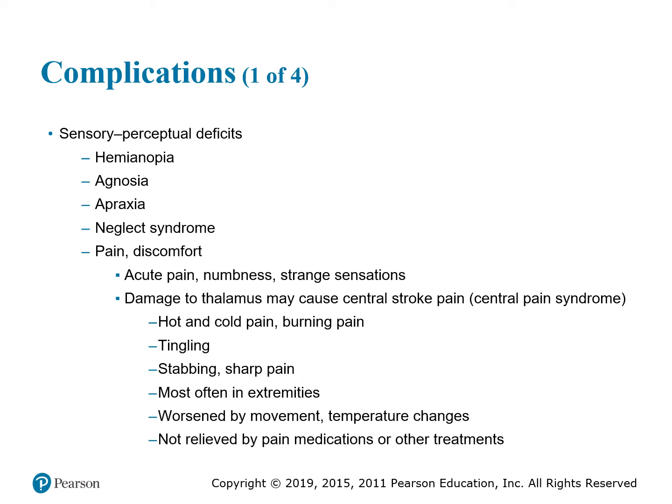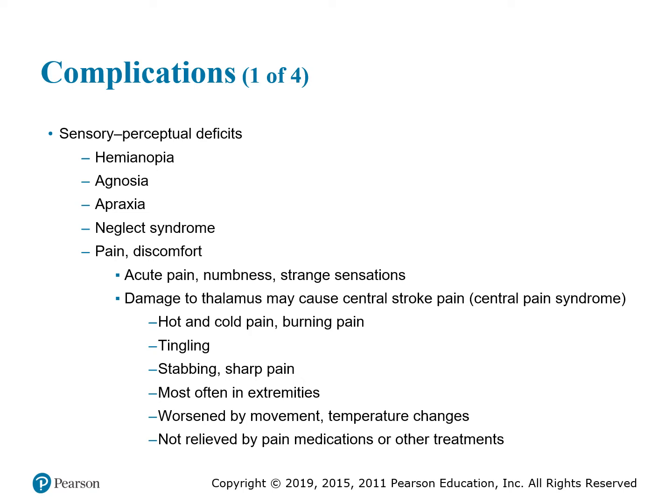Agnosia is the inability to recognize one or more subjects that were previously familiar. Agnosia may be visual, tactile, or auditory. So, you may look at a picture of a family member and not know who it is. Apraxia is the inability to carry out some motor pattern like drawing, writing, getting dressed, coordination issues. You're not able to dress yourself.